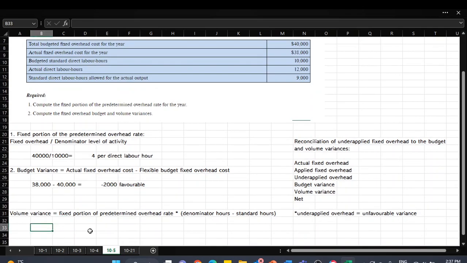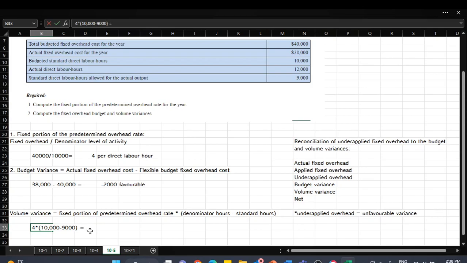Next part is looking at our volume variance. So we're taking the fixed portion of our predetermined overhead rate, which we just calculated at being $4, and we're multiplying that by our denominator hours minus our standard hours. Okay. So in this, our denominator hours were 10,000, right? And our standard direct labor hours that we allowed for actual output was 9,000.